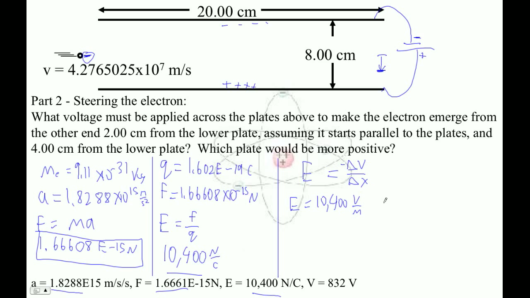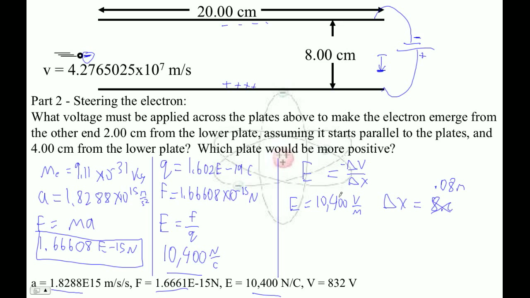And I also know that my change in X is 8 centimeters, so 0.08 meters, right? Don't confuse that change in X with the change in X for the electron. For this thing, we're looking at the change in X over which the potential changes, right?